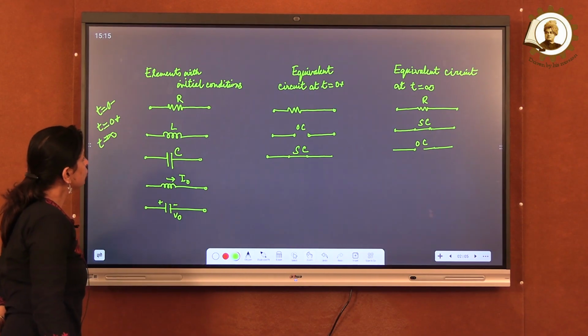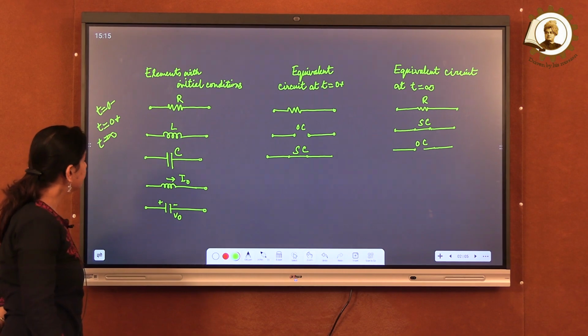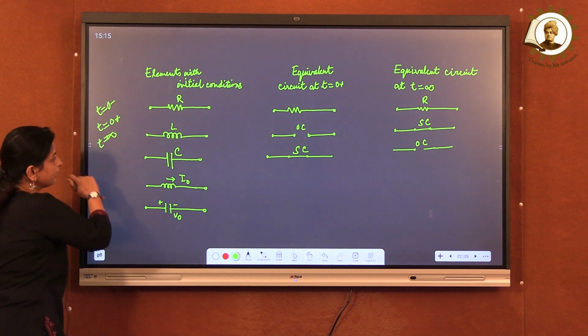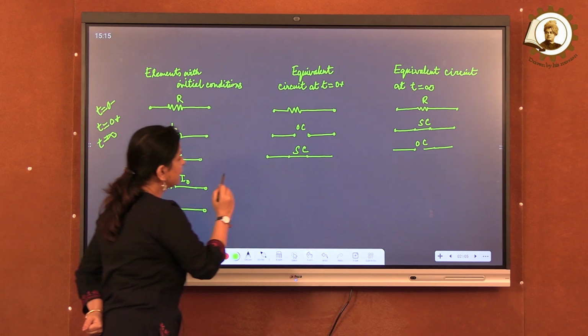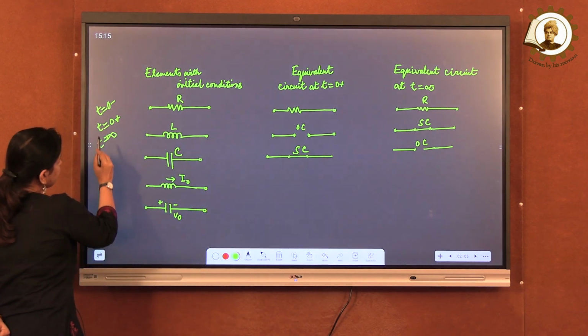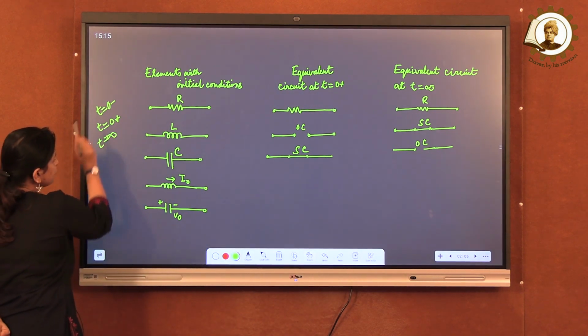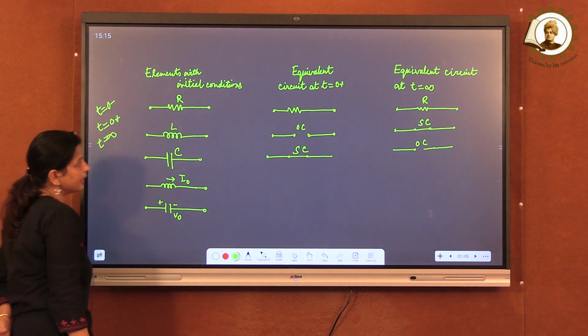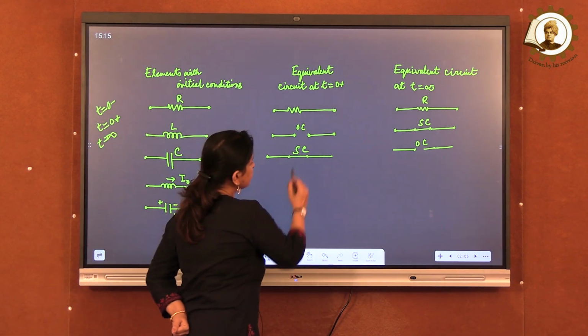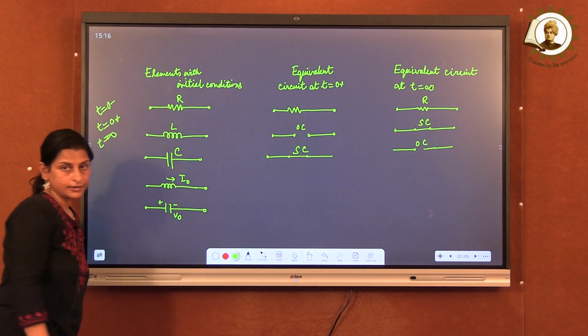Similarly, if at t equal to 0 minus there is no voltage across the capacitor, then at t equal to 0 plus it will act as a short circuit.